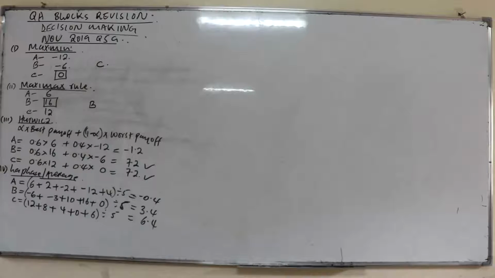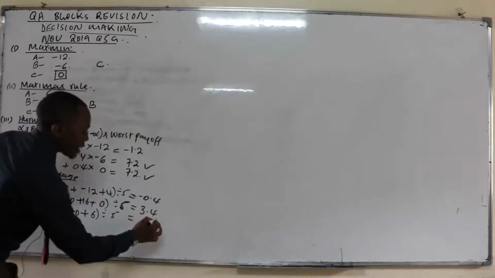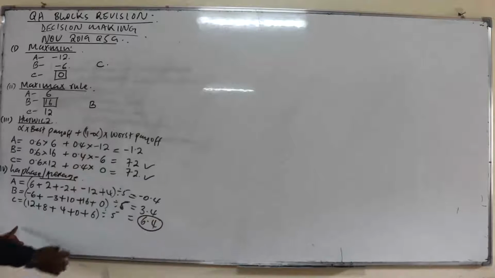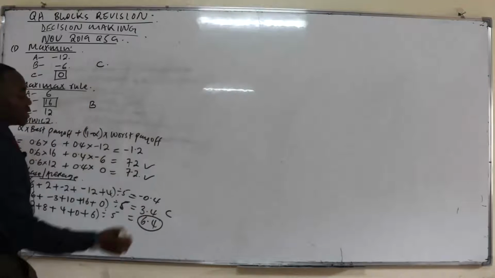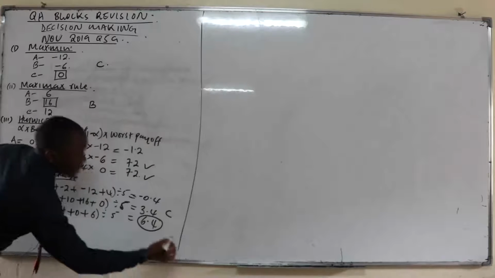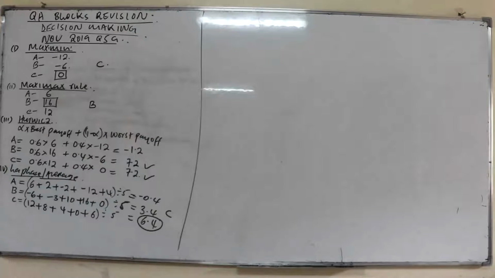And then you select the highest for the Laplace. Remember, you are getting the average of the profit. So therefore you take the one with the highest average profit. In that case, you adopt strategy C. Good. So you have that. You can take a screenshot of that.